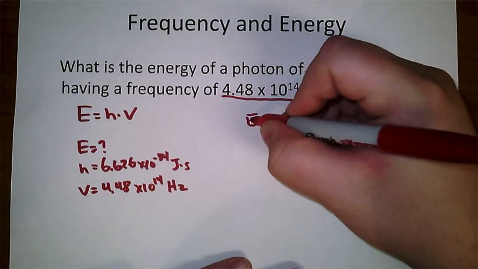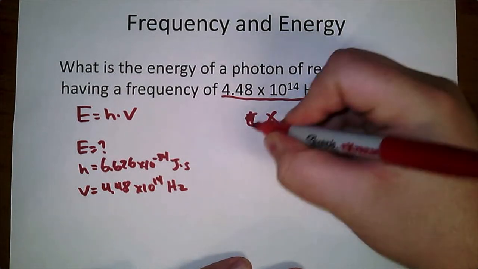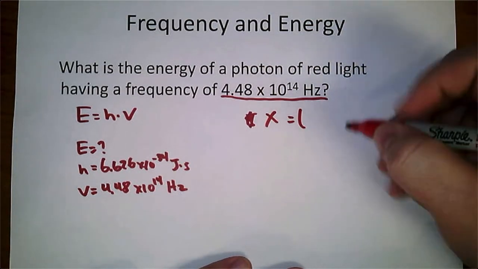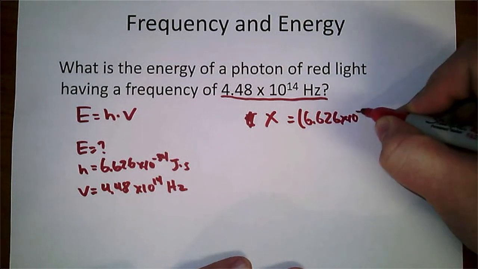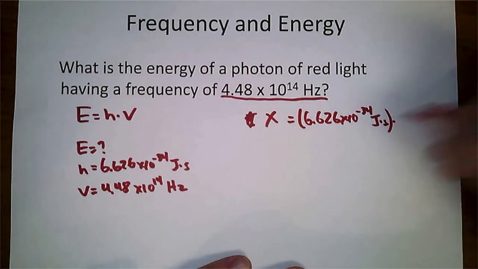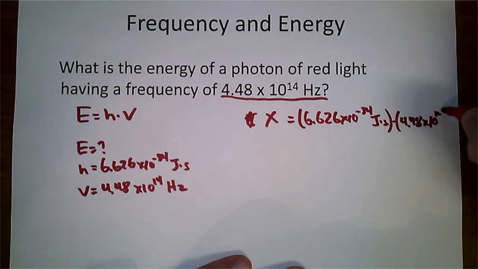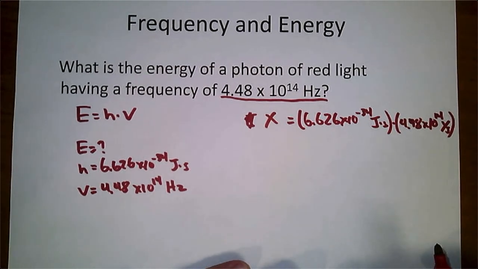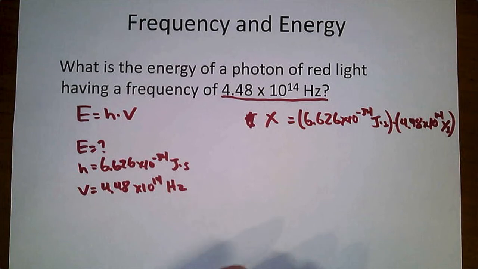Energy, I don't know, so I'm just going to use that as x. Then Planck's constant, 6.626 times 10 to the negative 34 joules times seconds, times the frequency, 4.48 times 10 to the power of 14 per second. So this one I don't have to do any rearranging. I just have to basically punch this into the calculator.